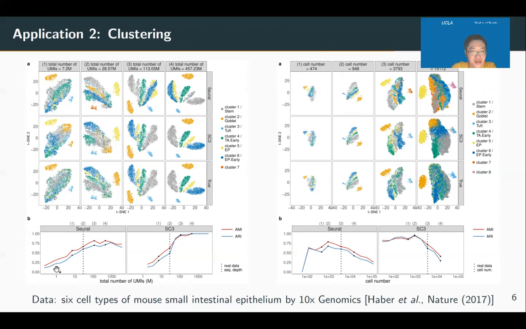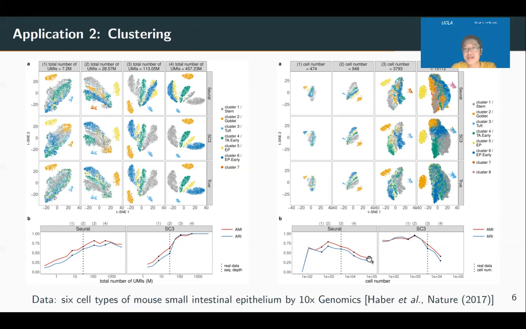as we increase the total sequencing depth, we have more information, and therefore the clustering accuracy will increase, as indicated by ARI and AMI. But for the second scenario, there is a balance point of optimal cell number, because here we're fixing the total sequencing depth, which is mimicking a fixed budget situation. If we have too few cells, then there will not be enough cells to constitute each cell type.